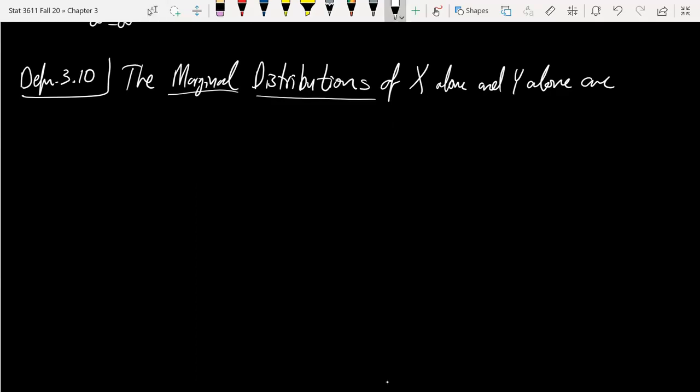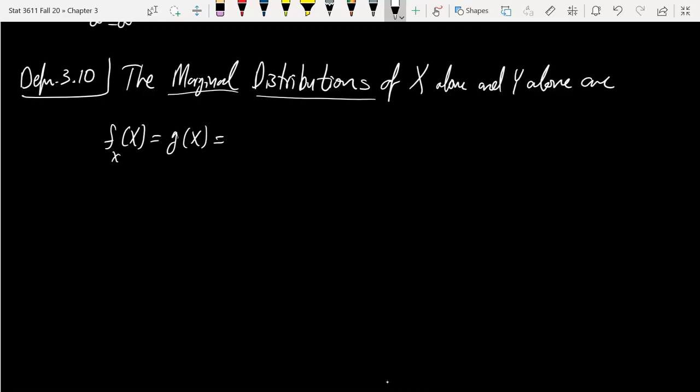So the marginal distribution of x alone, sometimes the notation here can vary. Sometimes I like to use f sub x to talk about the marginal distribution of x. The book oftentimes just uses the letter g for the function on the marginal distribution of x.